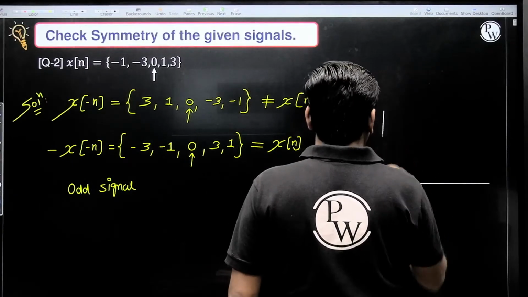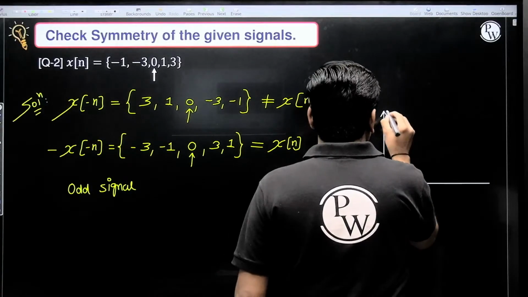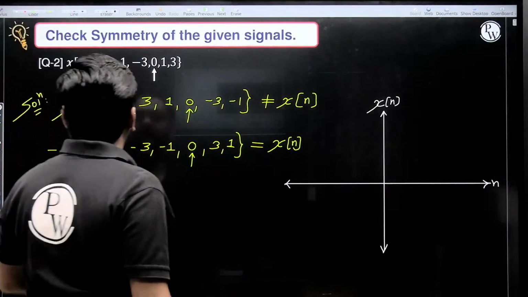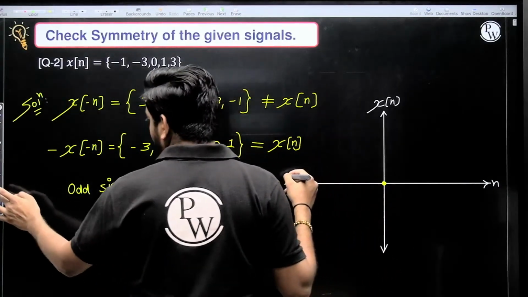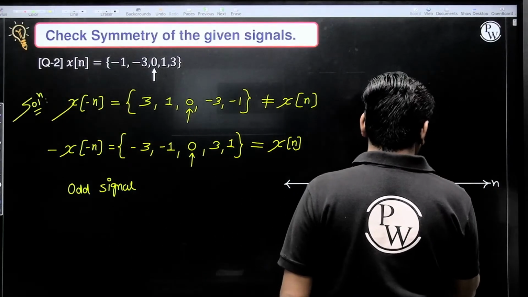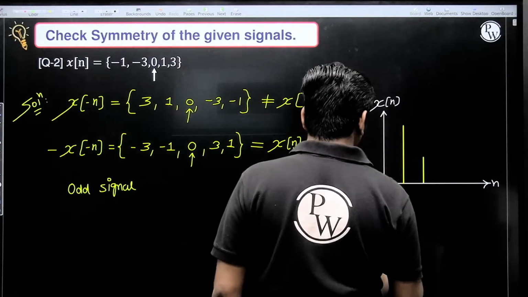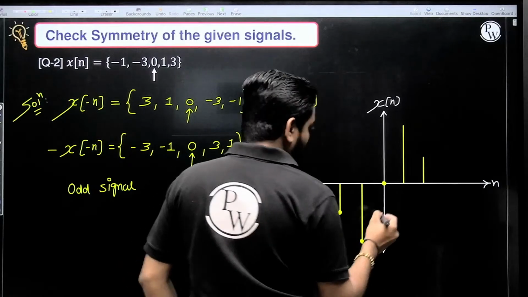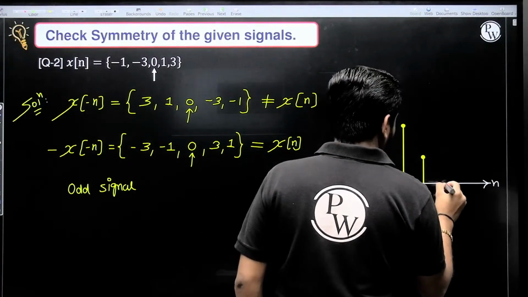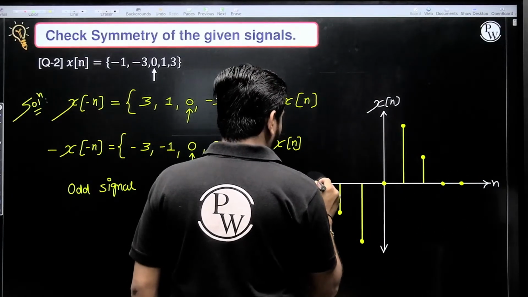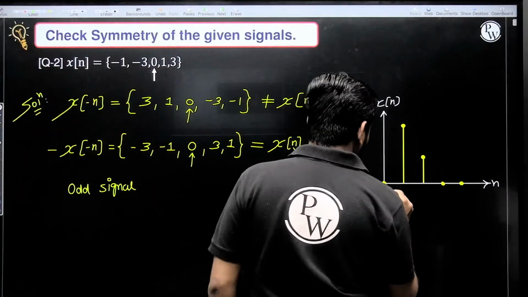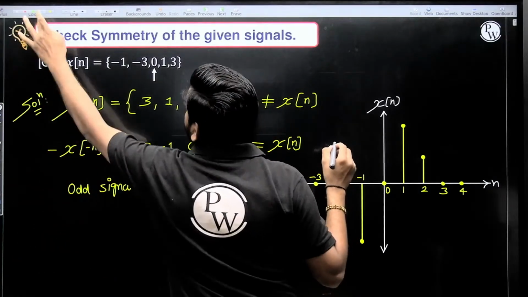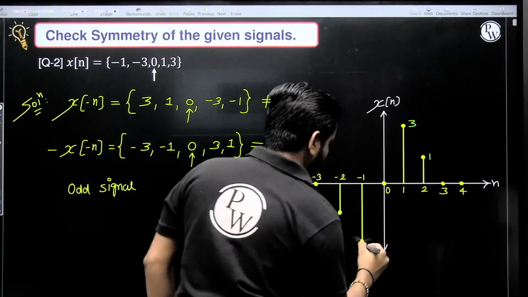Graphically, if you want to see, at origin 0, next on the right side 3, then 1, here it is minus 3, minus 1.